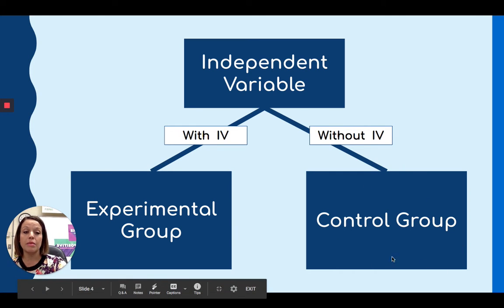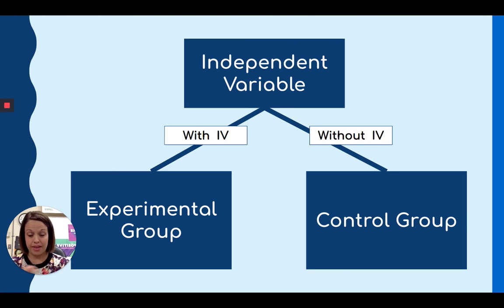The important thing about the control group is every other condition of the lab has to be the same, okay? So with my apple a day, my control group should be the same age as my experimental group. They should have about the same type of health, like they should be maybe the same height and weight and do the same daily activities, and they should live in the same environment, okay?